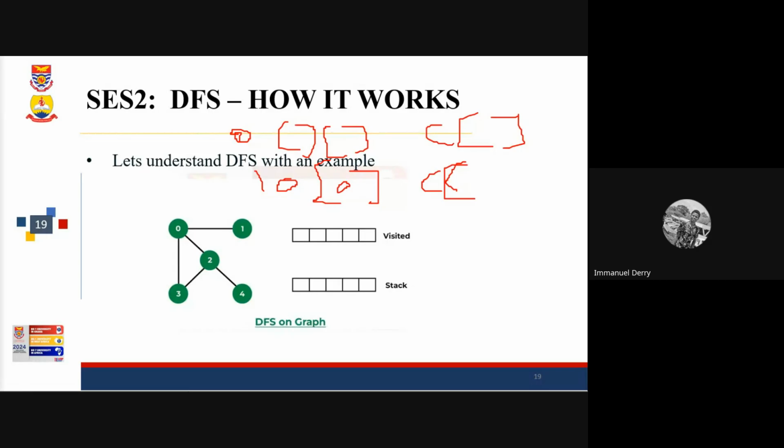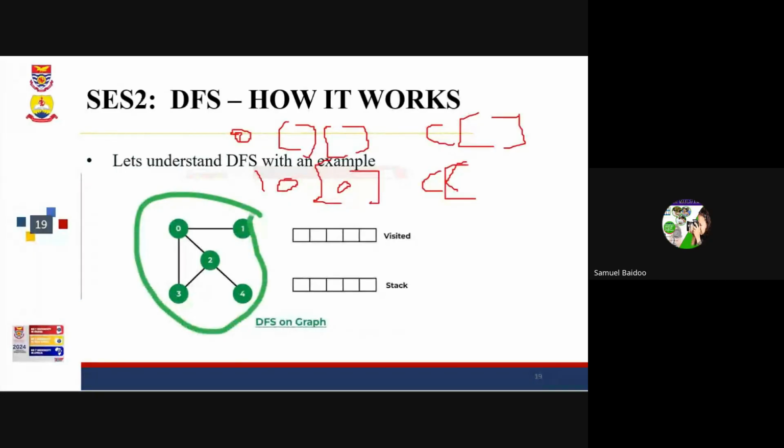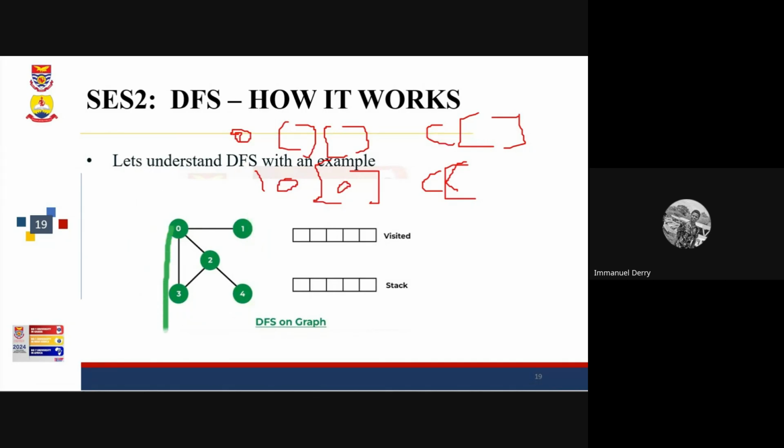So from 0, which of the nodes can we visit on the graph? 1, 2, and 3. But I said earlier that this particular one explores depth-wise in this direction.